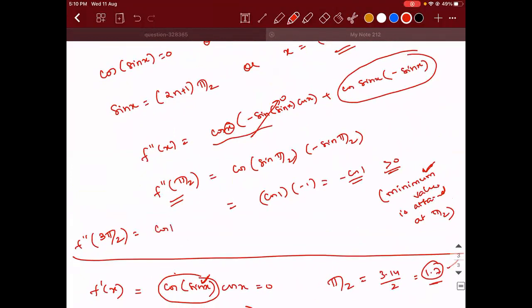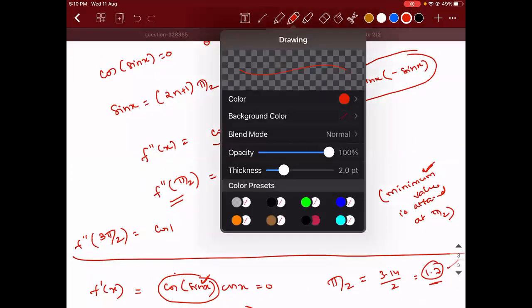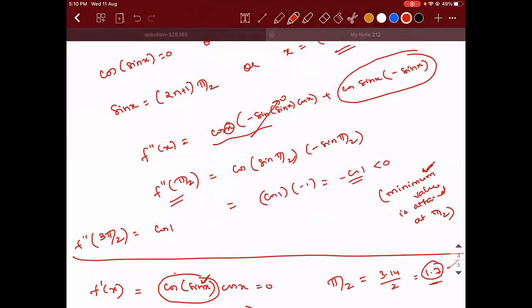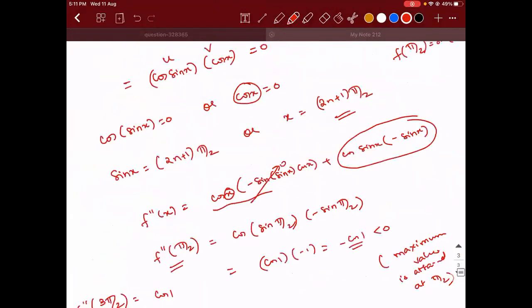You will get cos 1, which is... wait, minus cos 1 is less than 0. Less than 0 means you should actually attain the maximum value. So you'll attain the maximum value at pi by 2.